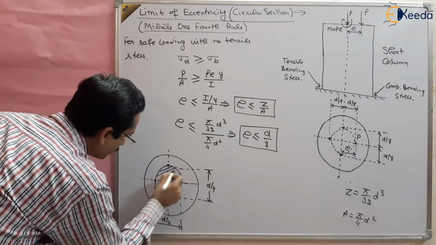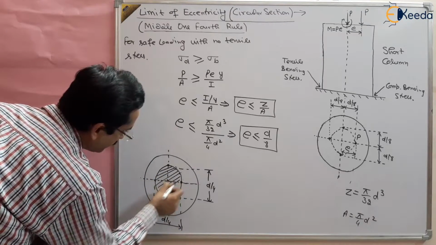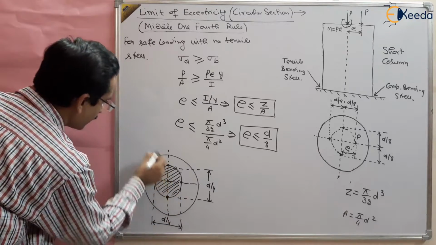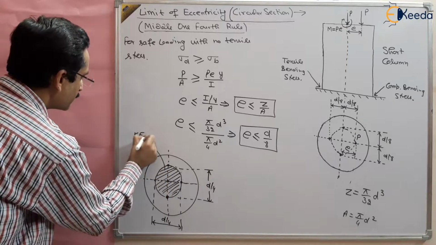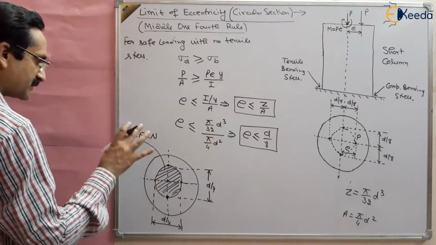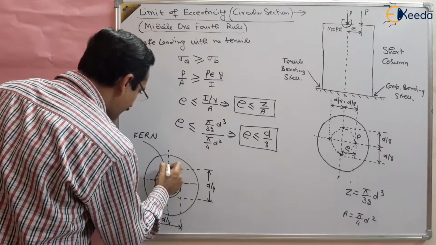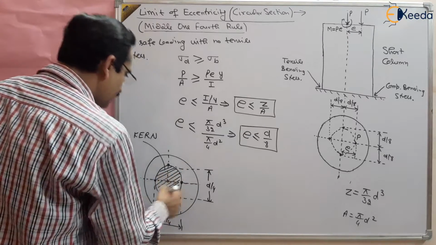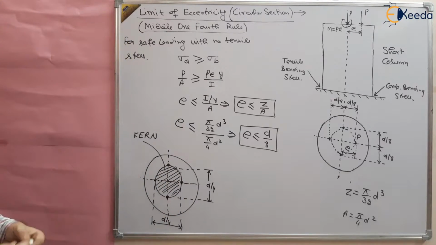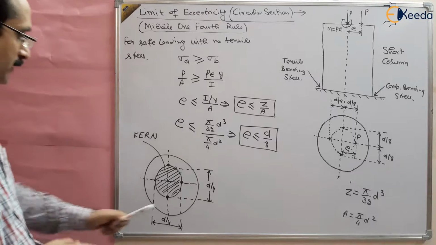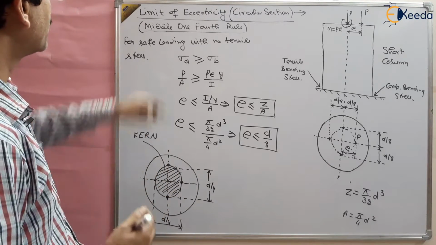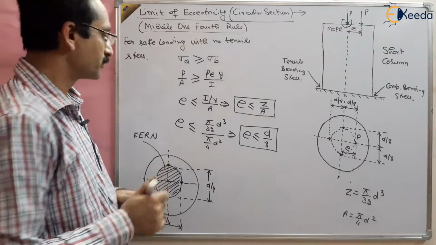In this part the material is safe, and this is the kern, the safe part of eccentricity, where if we apply the loading there is no tensile stress, right? So this is the kern, 1/4 of the diameter. That's why it is called middle 1/4 rule, right?